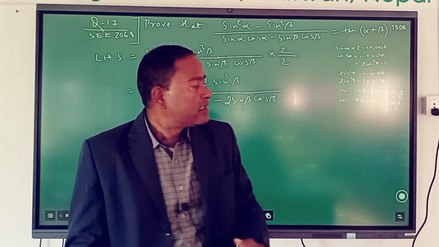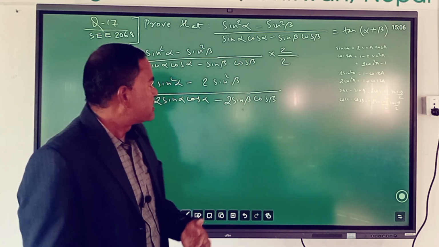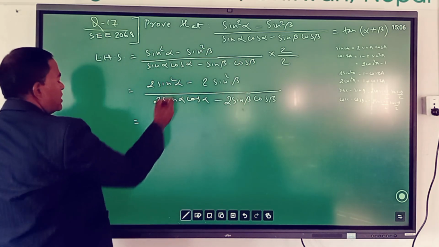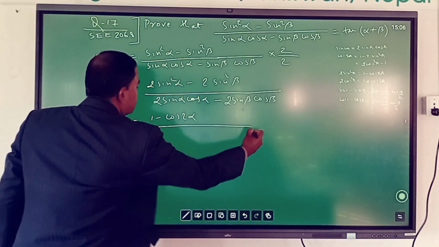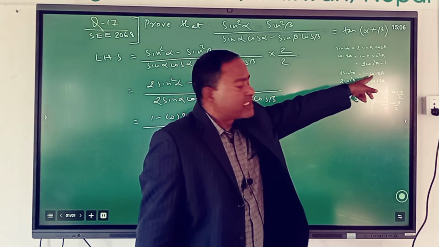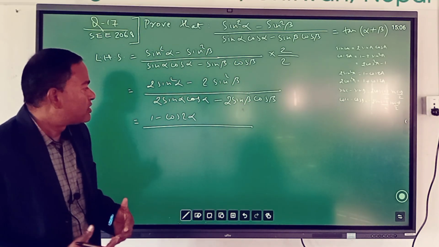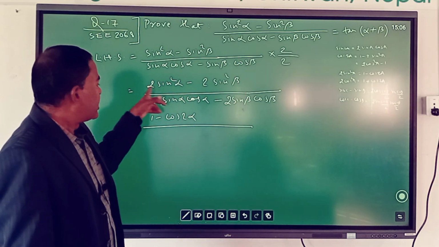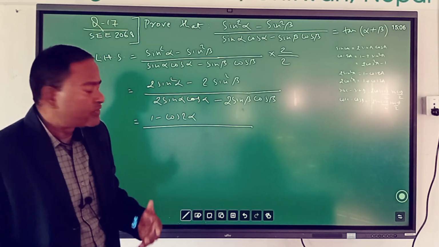The formula of 2 sin²A is 1 − cos 2A, so we have to memorize it. So 2 sin²α we can write as 1 − cos 2α.